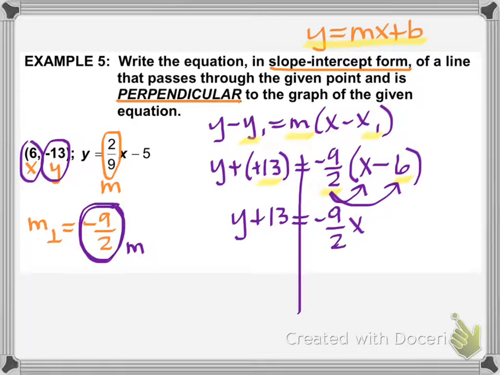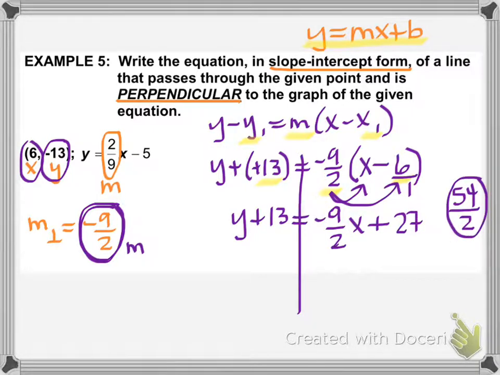First of all, a negative times a negative is a positive. Let's put that 6 over 1. I'm going to multiply it off to the side and then simplify and put it back into my equation. So if we multiply our numerators, 9 times 6 is 54. If we multiply our denominators, 2 times 1 is 2. And 54 over 2 simplifies to 27.